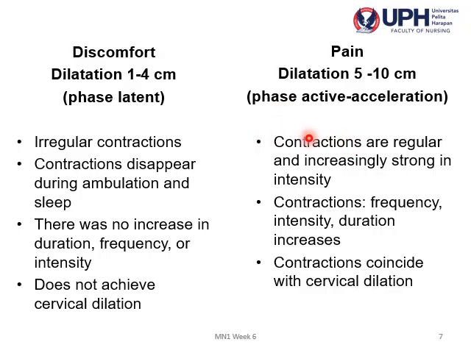Here the contractions felt by the mother are regular and increasingly strong; their frequency, intensity, and duration also increase. The contractions move together with the cervical dilatation, so as the contractions become stronger, the dilation becomes bigger, reaching full dilation during the contraction.